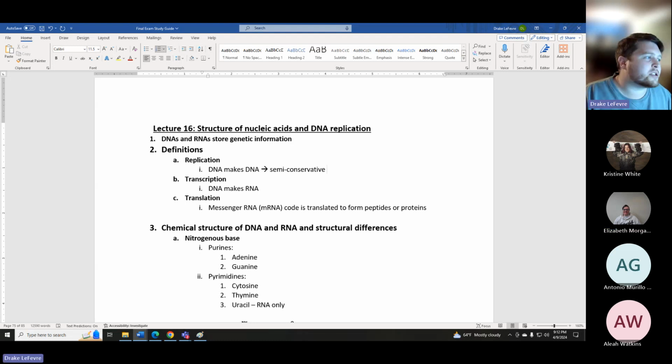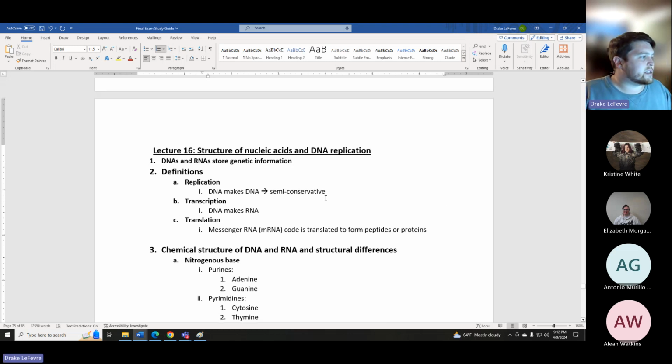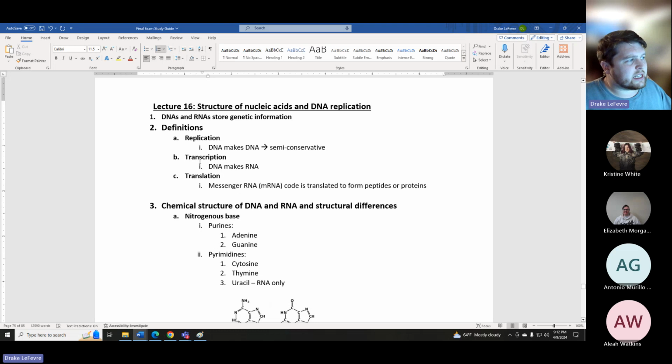Yeah, it keeps one of the parent strands as it makes the daughter strand. Transcription is DNA making RNA. So DNA specifically makes mRNA. What does mRNA stand for? What is the M? Messenger RNA. Yeah, messenger RNA.